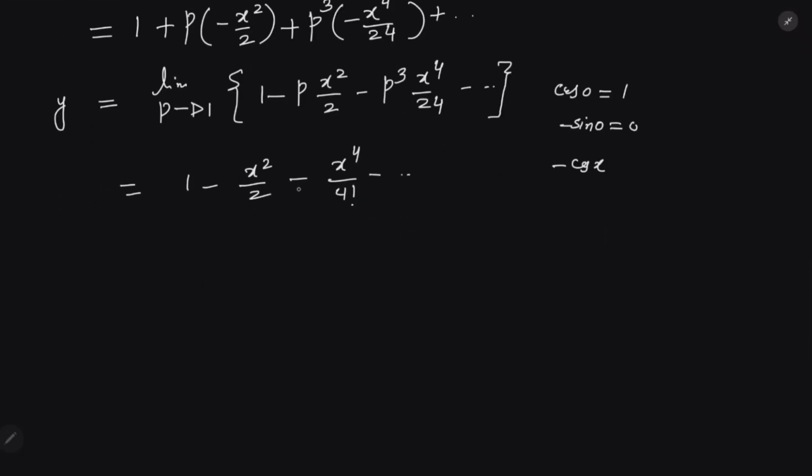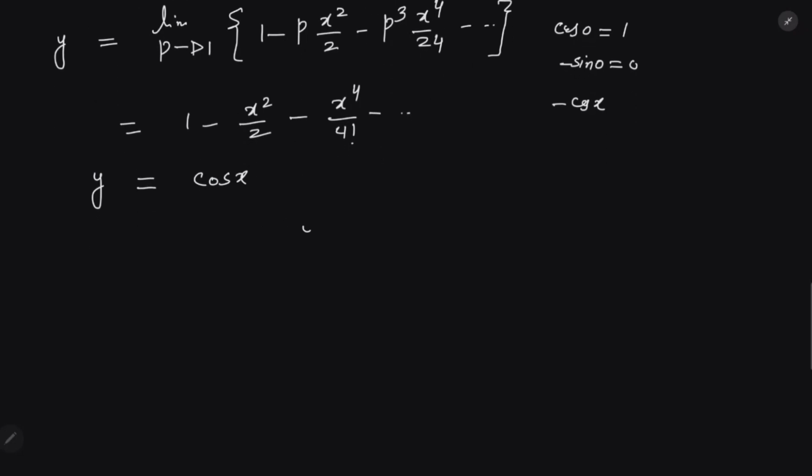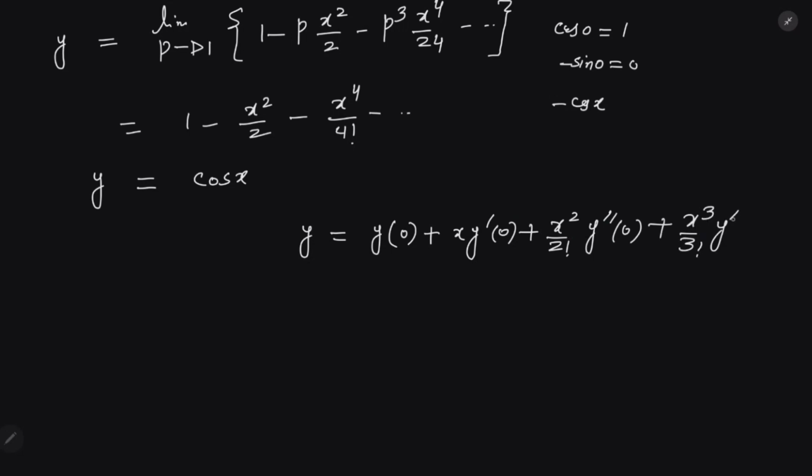I just need to, or maybe you can look at yourself. Actually, this is a series of cos x. So in that case, for example, y is equal to y of 0 plus x y dash 0, plus x square by 2 factorial y double dash 0, plus x cube by 3 factorial y triple dash 0, plus x4 by 4 factorial y fourth derivative of 0, and so on.